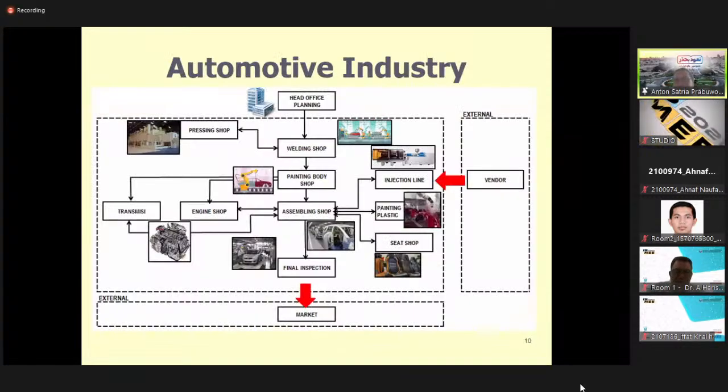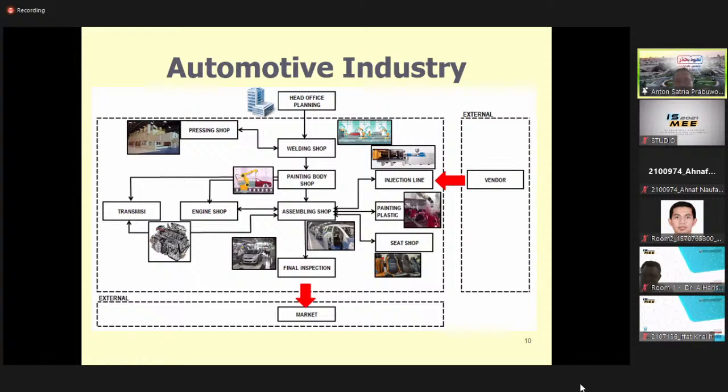And then this is the framework of the automotive industries, the whole process, from the beginning, from the head office, where they provide the planning process, PPIC and so on, and then proceed to the welding shop, the pressing shop, the painting shop, and then the assembling shop.